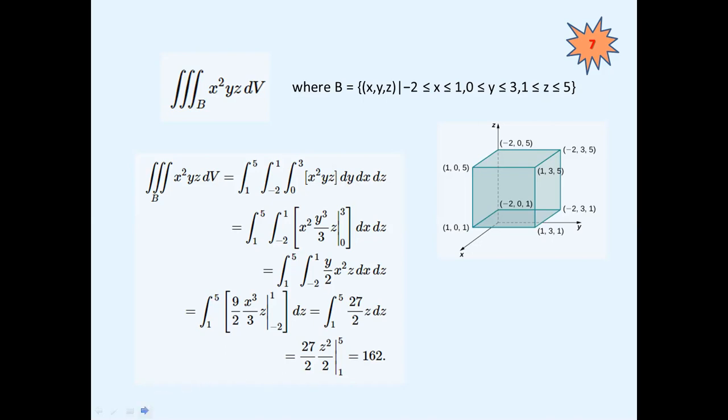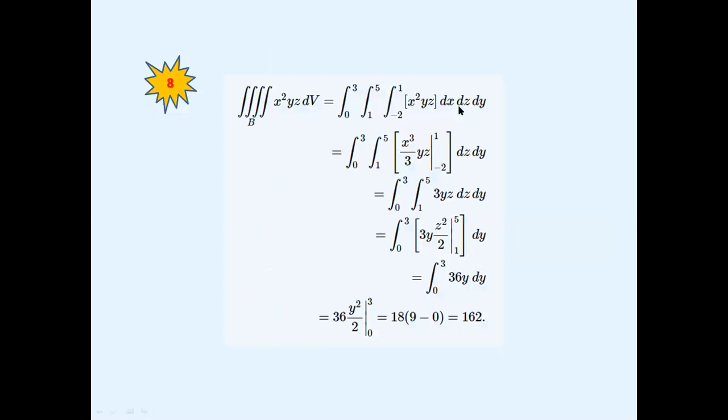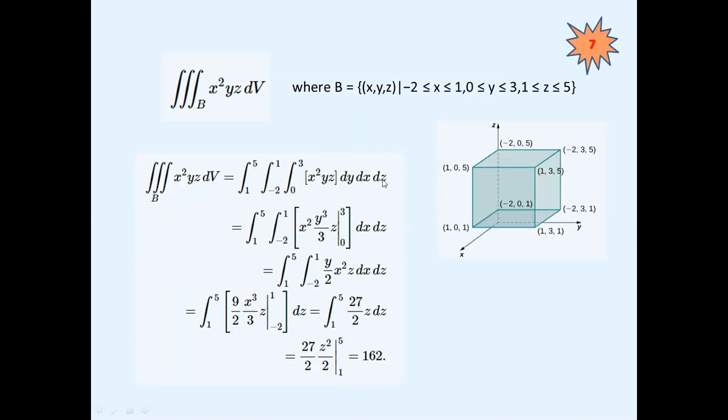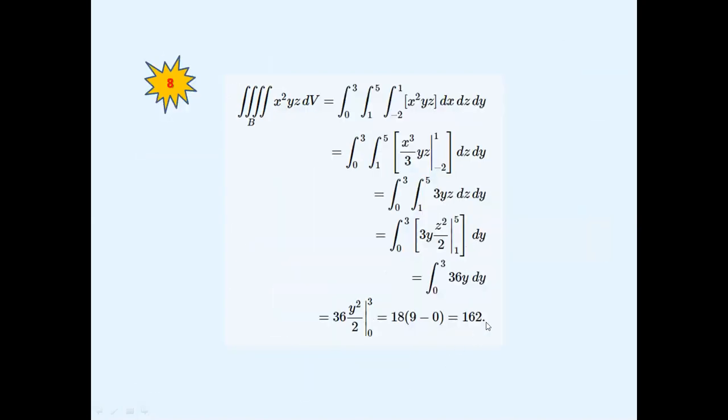Now, when you do the integration in a different manner, the sequence is changed. In this case, you have dx, dz, dy. In here, you have dy, dx, dz. The answer would be the same, as long as you did it correctly. So here you are integrating in terms of x, so that's x cubed over 3, yz, -1 to 2. When you integrate in terms of z, that would be z squared over 2, substitute 1 to 5.